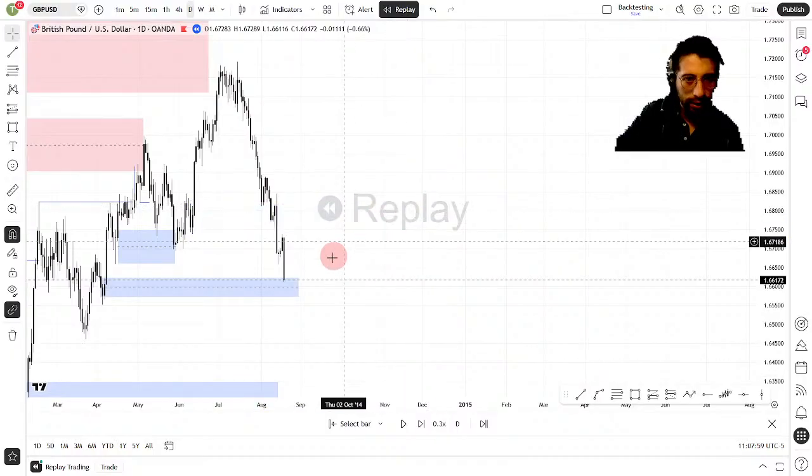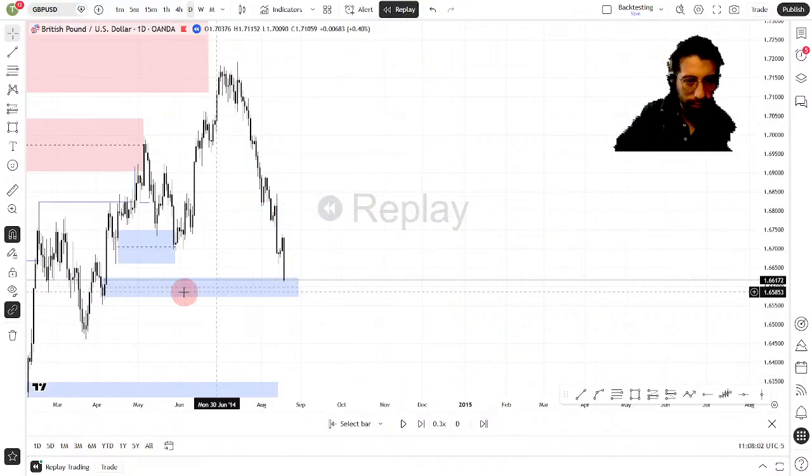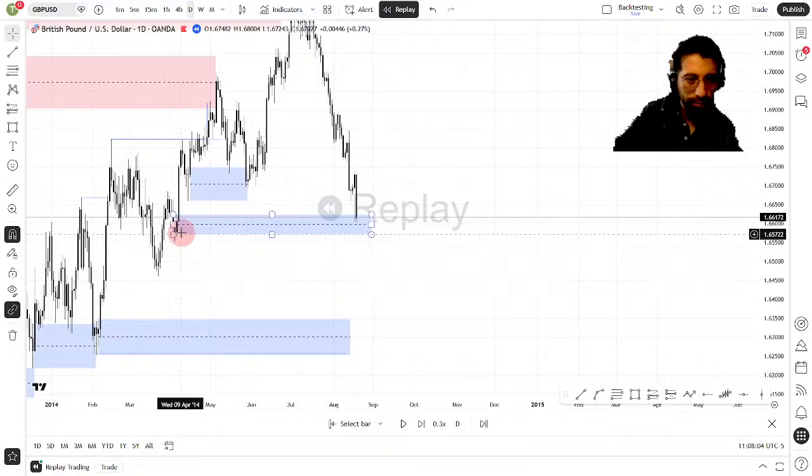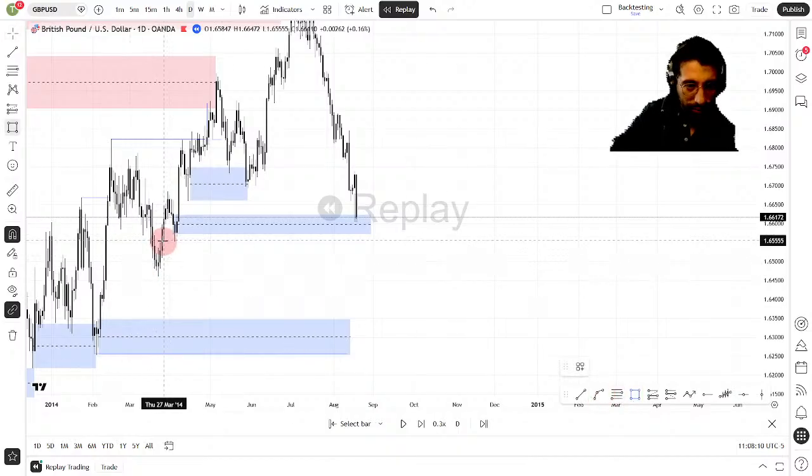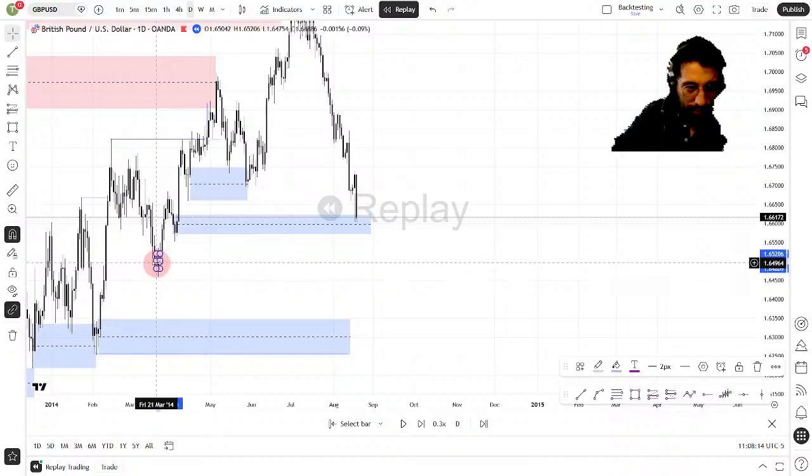Now, this is reacting on our imbalance, right? This is reacting in our imbalance right here. This is the imbalance, or sorry, not imbalance, but it's a decisional. And here's another decisional entry point, which is this one here.